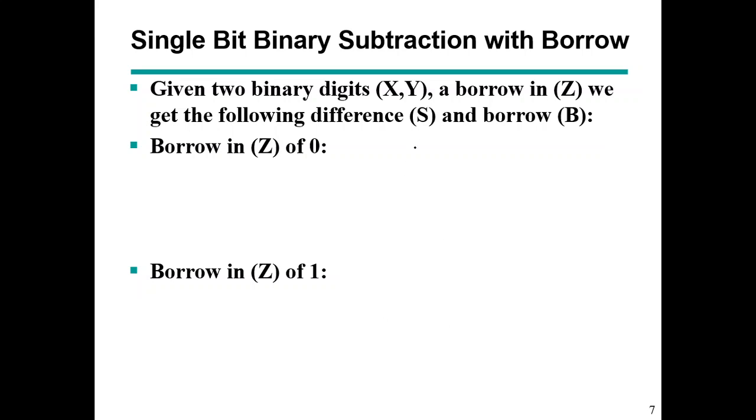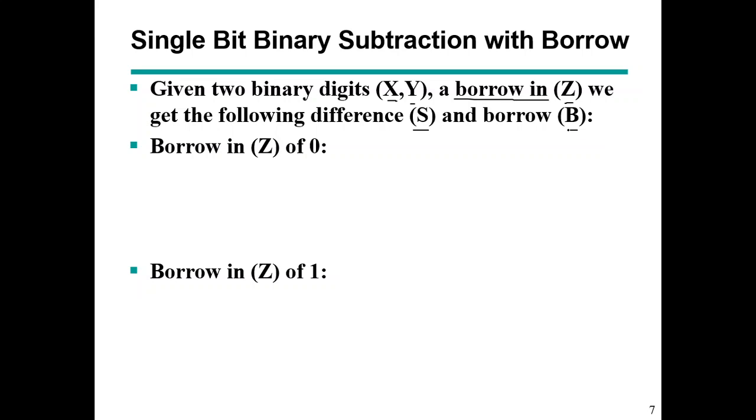So here we have two binary digits x and y. These are single bits. And we have a borrow in z. We get the following difference and borrow. When we subtract y from x, we are finding x minus y.